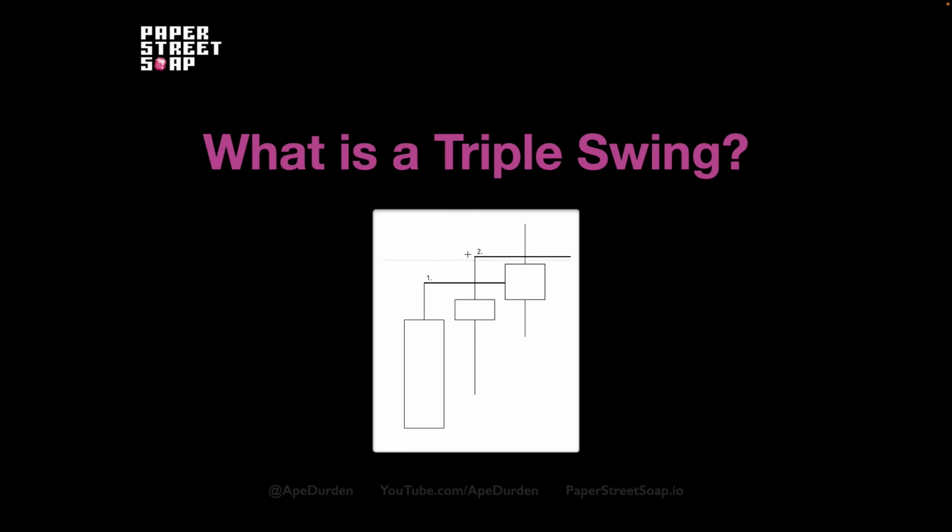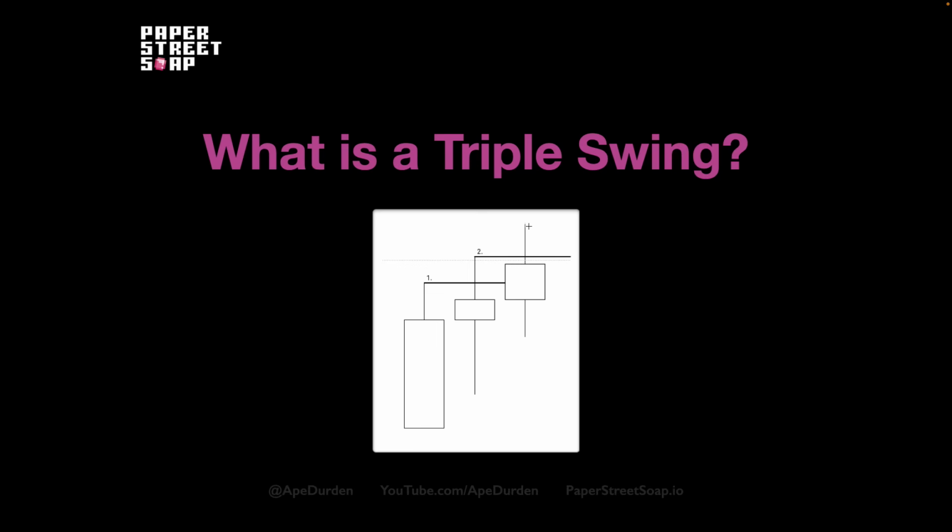This is how we come up with the concept of triple swing. We had the weekly candle where it closed here, and the previous weekly candle opened here, drove up and took out all the early shorts, who were looking for the market to reverse after the first swing fail.